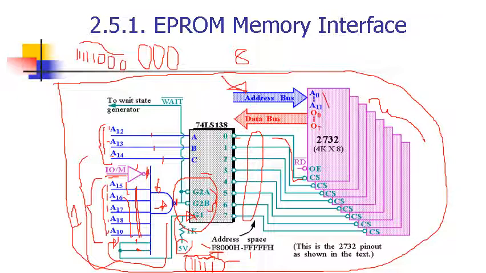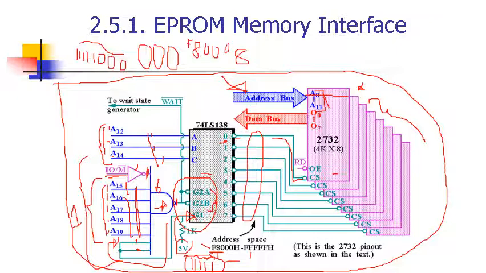So this is your beginning address. When you make these zeros, you activate this 0 line, which selects this chip. The beginning address of this chip is when you make A11 through A0 all zeros, which means what? Your beginning address as needed is F8, then 0, 0, 0.